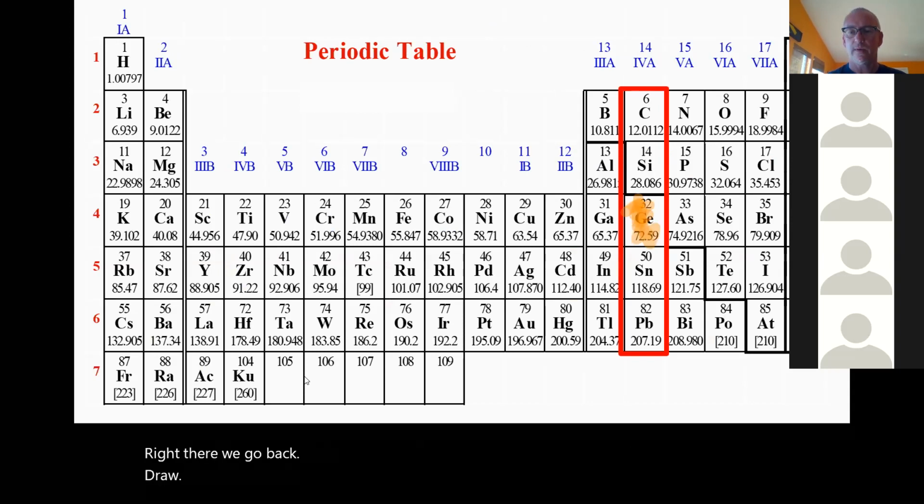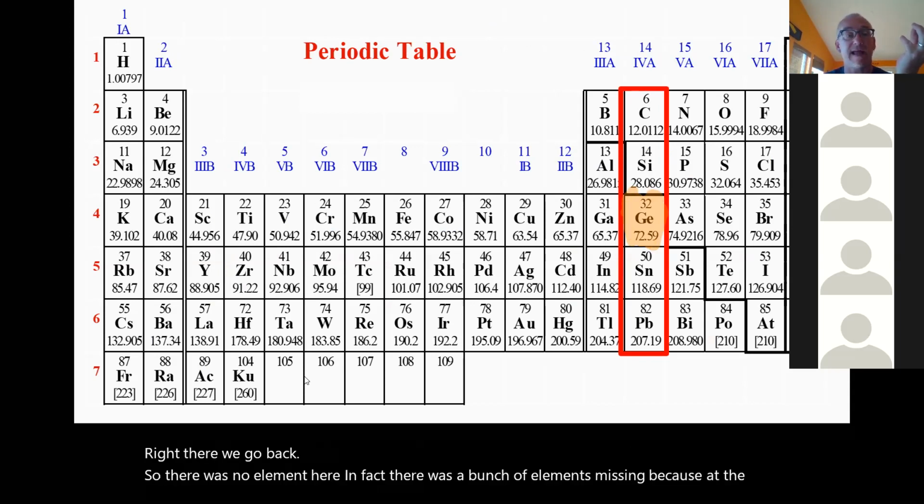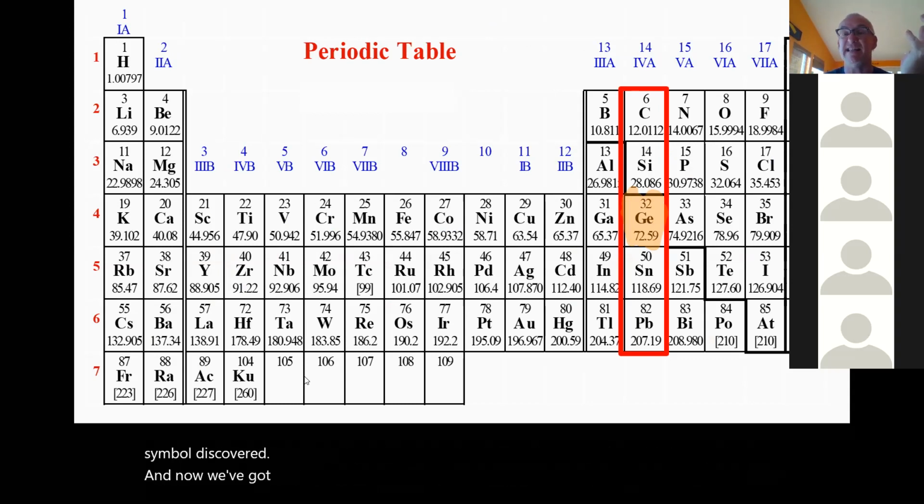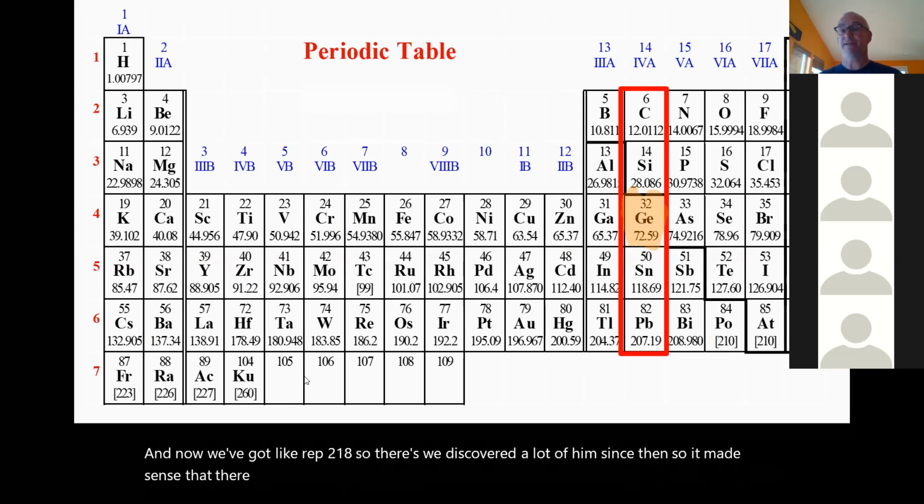So there was no element here. In fact, there was a bunch of elements missing, because at the time that Mendeleev came up with the periodic table, there was only about 60, 65 elements discovered. And now we're up to 118. So we've discovered a lot of them since then. So it made sense that there were a lot of elements that hadn't been discovered yet.